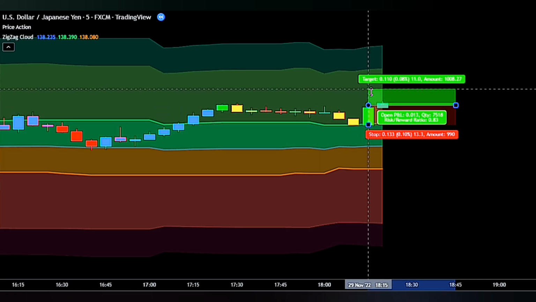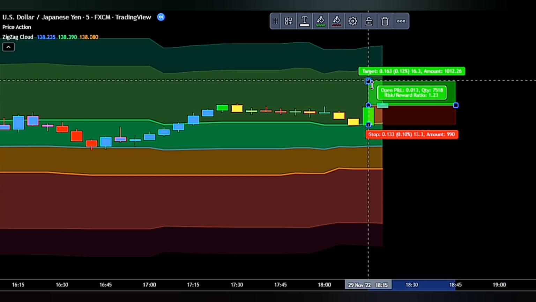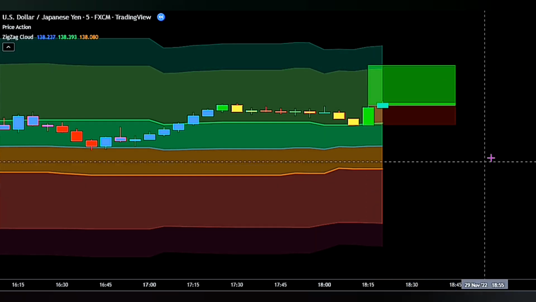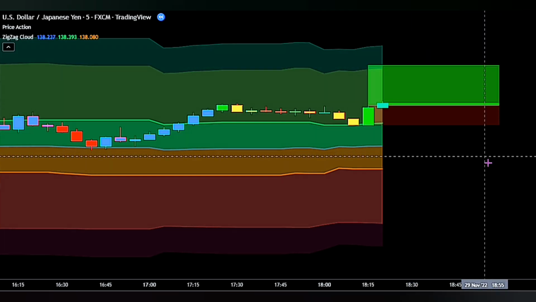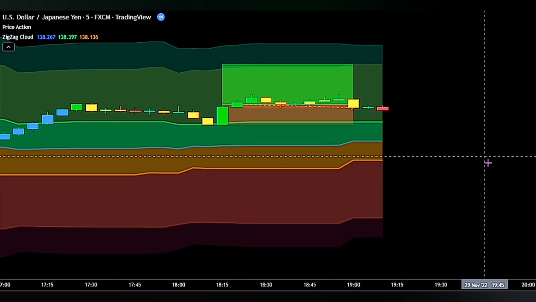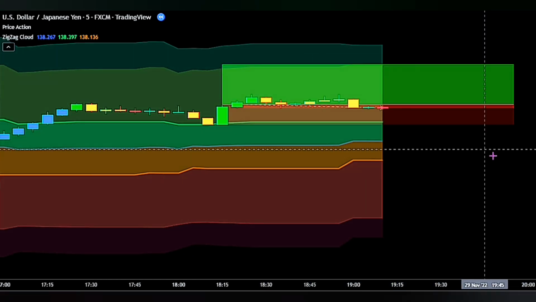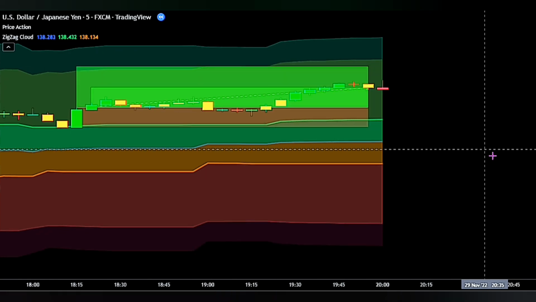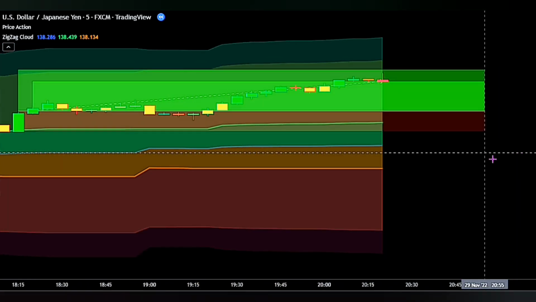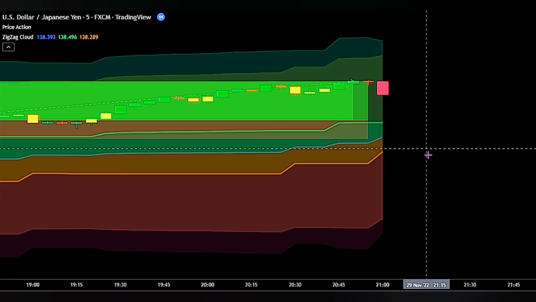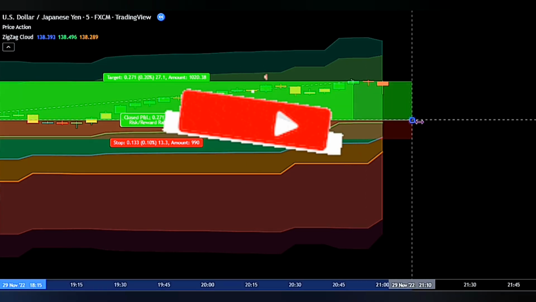Stop loss at the upper band line, while take profit at 2 times the risk. And we see it was successful.